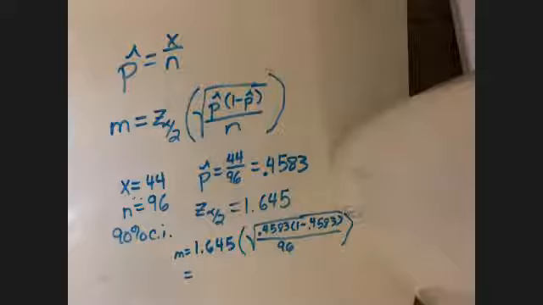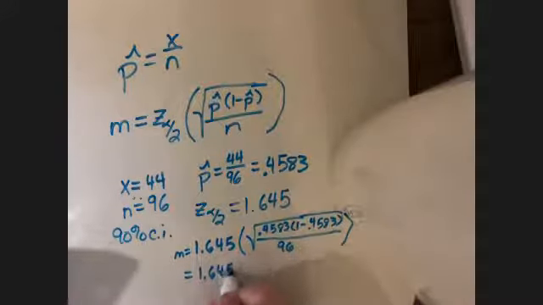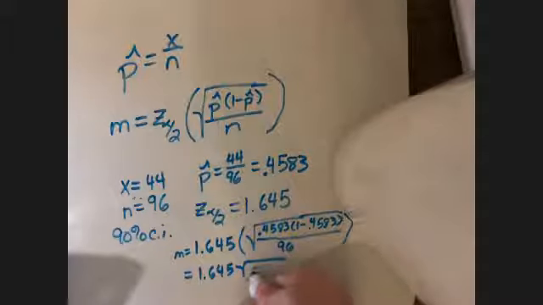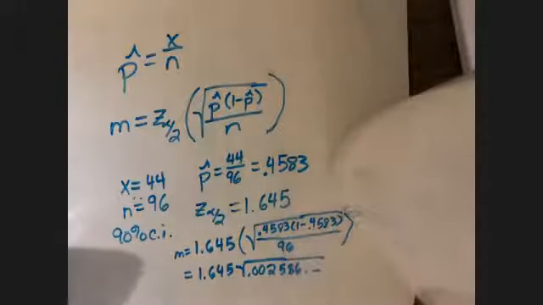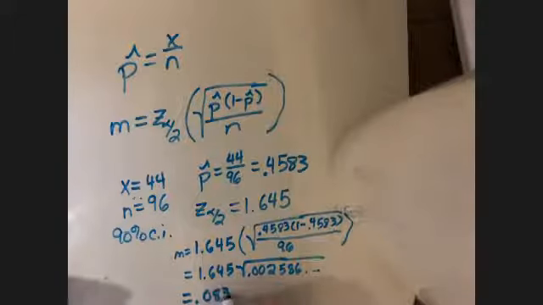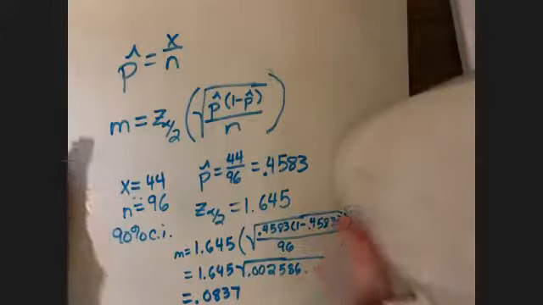So 0.4583 times 1 minus 0.4583, and then I'm going to divide that by 96. I've got 1.645 times the square root of 0.002586. So I'll do the square root of that, and then times our 1.645, and this gives me 0.0837 when it's rounded. So there's our margin of error.